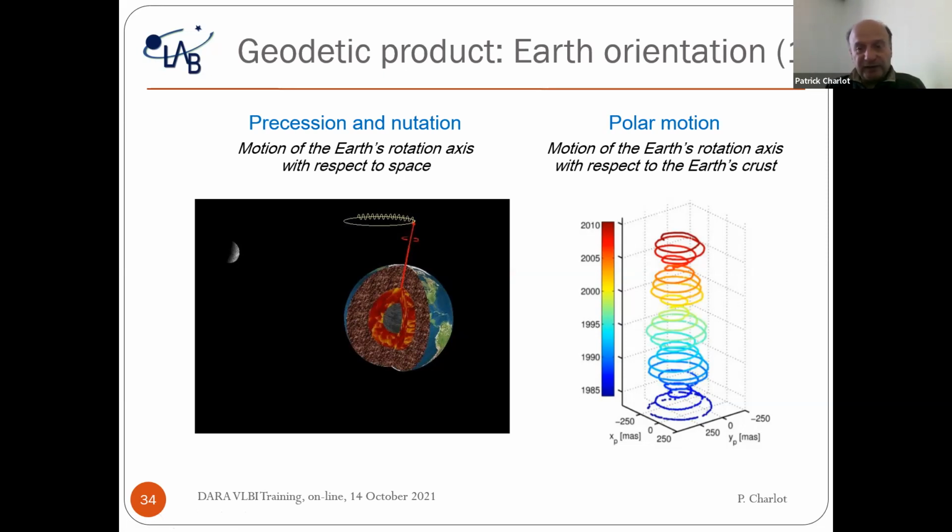This is for space, and as I said before, the axis of rotation also moves with respect to the Earth's crust, and this is what we call polar motion. If I get back to this graph, you will see this axis changing with respect to the crust. So for example, maybe it can be here, and then you have some effect that you need to account for also in your Earth orientation parameters.